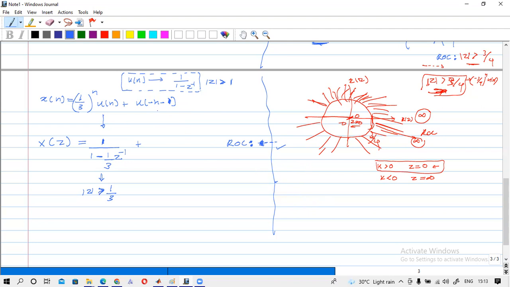So you can have a different approach, as you wish. For me, I would like to do the time shifting first and then time reversal. Otherwise I will sometimes get confused. So normally I do it that way. So you can see that here we have minus n minus 1.